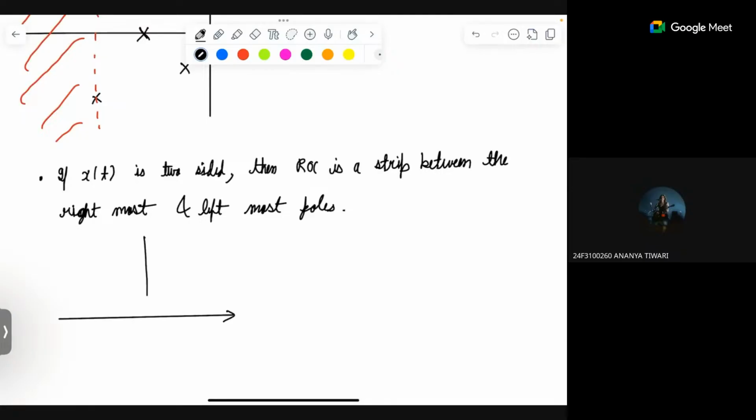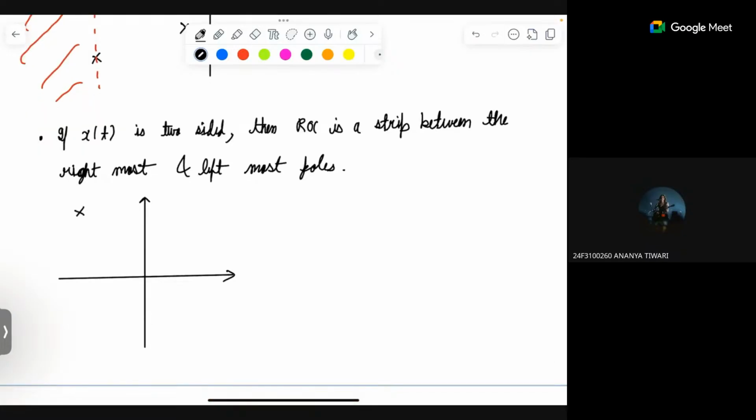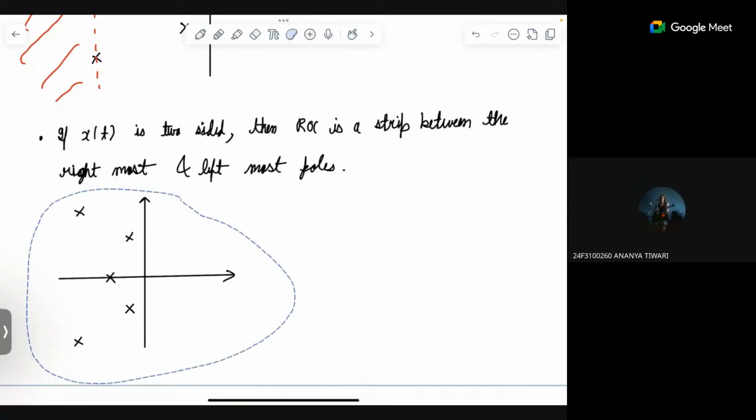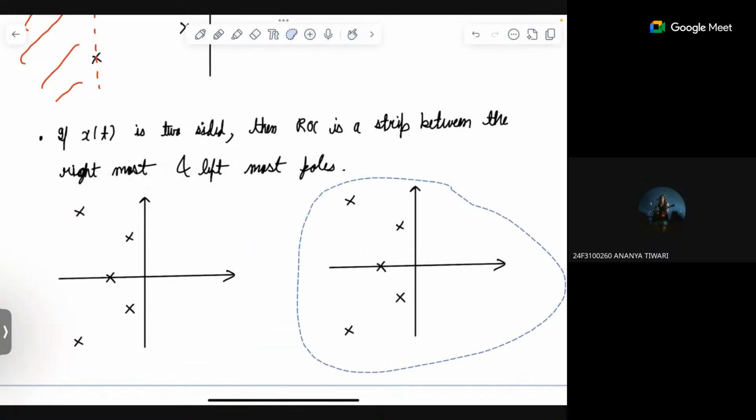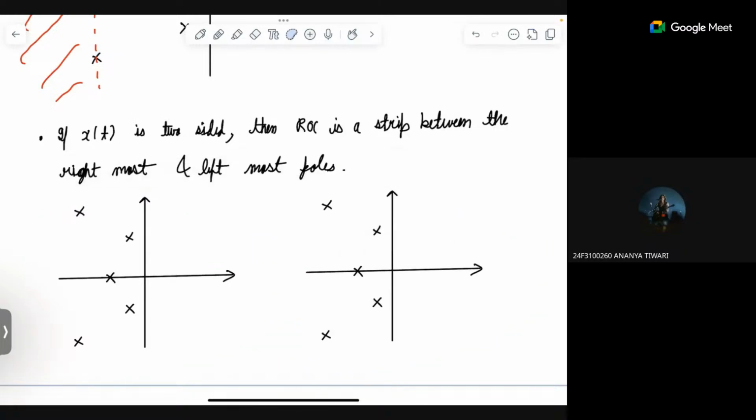In the example that we are taking, we will have two possible ROCs. It is a strip between the rightmost and leftmost poles. Inside the ROC, I cannot have any pole. Zero can come inside the ROC, but a pole cannot.